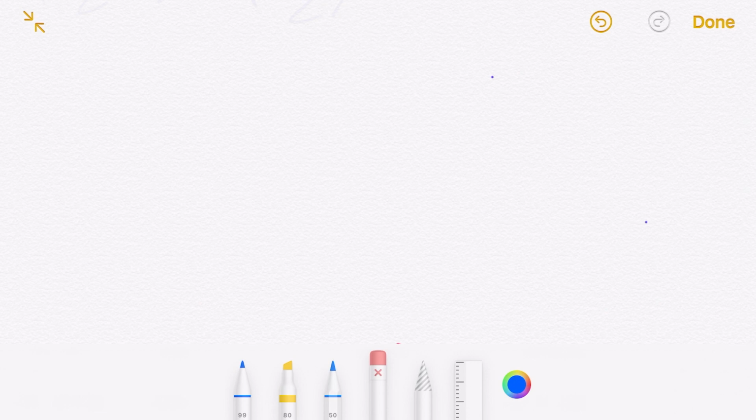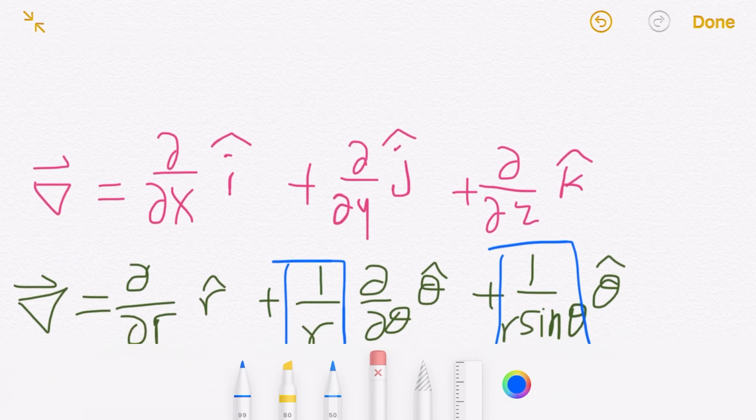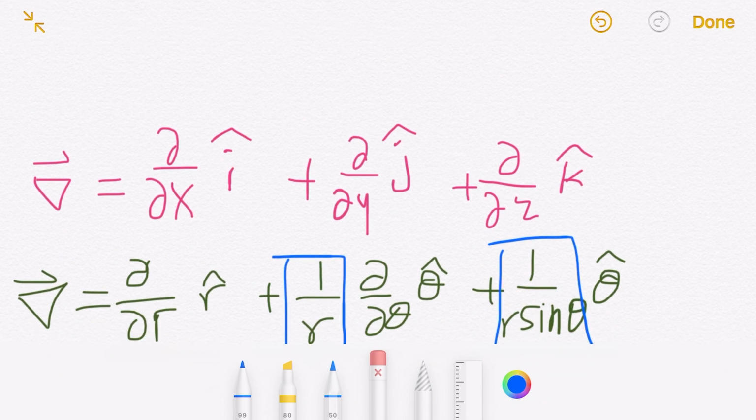One cool thing about tensors is that they can give us the del operator. If you know a bit of E&M and vector calculus, you will know that the del operator in Cartesian coordinates is pretty simple. It's just d by dx i hat plus d by dy j hat plus d by dz k hat.